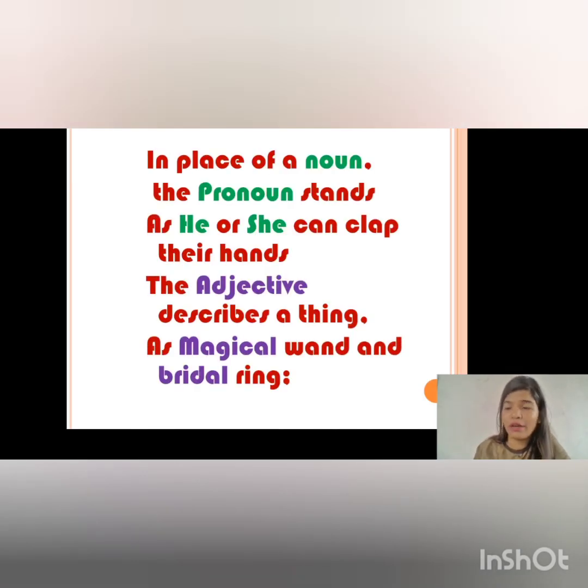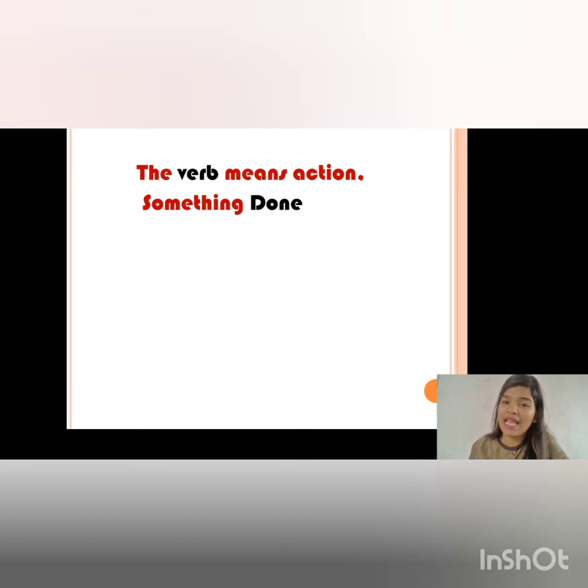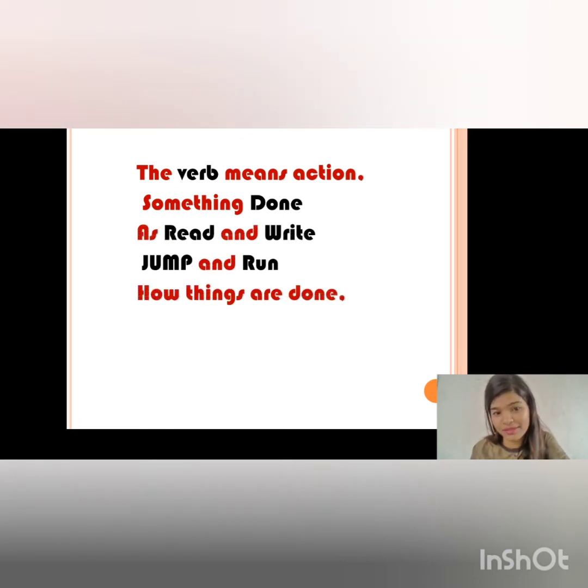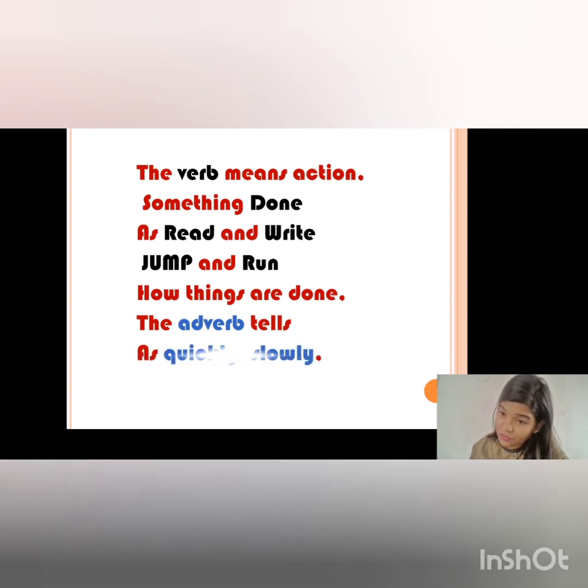In place of noun, the pronoun stands, as he or she can clap their hands. The adjective describes a thing, as magical wand and bridal ring. The verb means action, something done, as read and rhyme, jump and run. How things are done, the adverb tells, as quickly, slowly, badly and well.